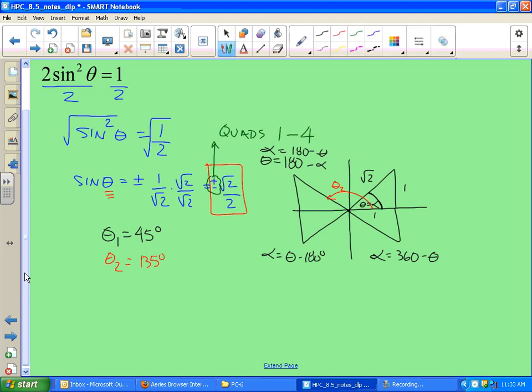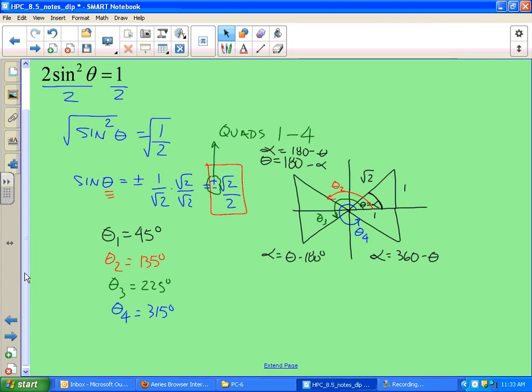And theta 3, which is this angle, also a 45-degree reference, is 225. And then finally, theta 4, also a 45-degree reference, is 315 degrees. So those are all the four answers that I would have to produce that ratio for, in this case, the sine. It would have been the same thing for cosine as well.